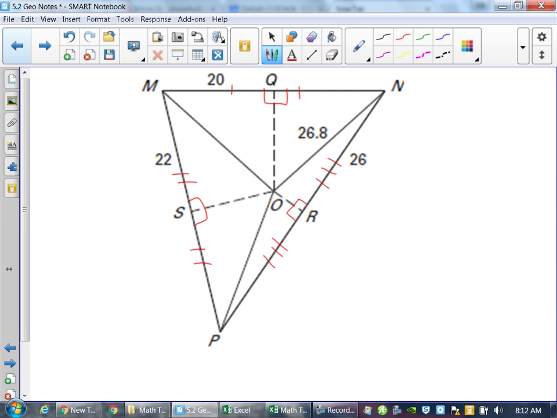So when you're at this point O, from this point to all the vertices is always going to be the same. So I'm going to make this little tick mark here. Like you said, each one of those three winds up being 26.8.